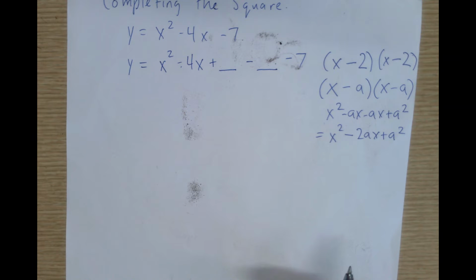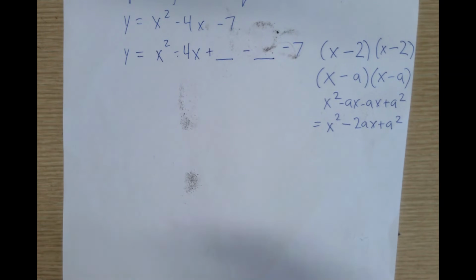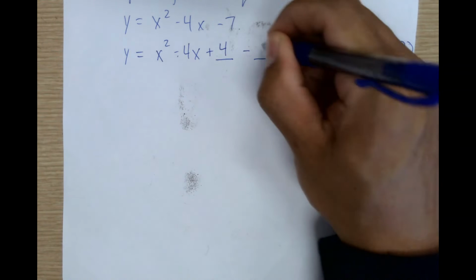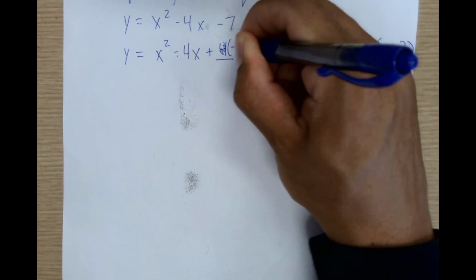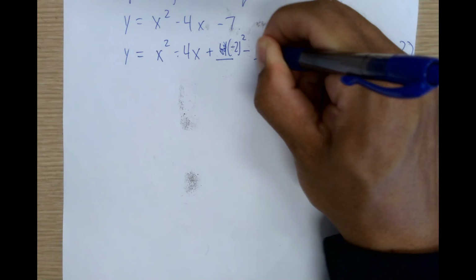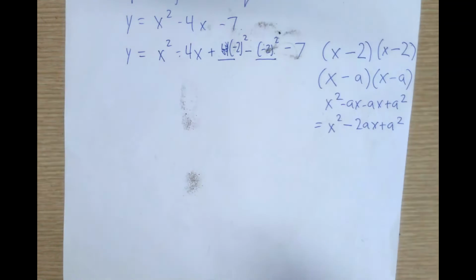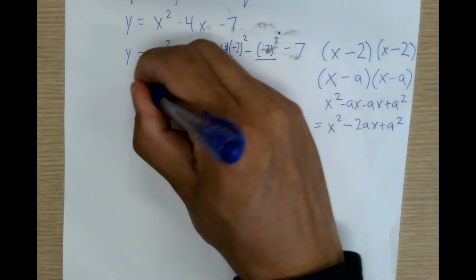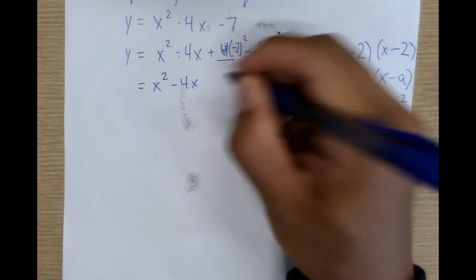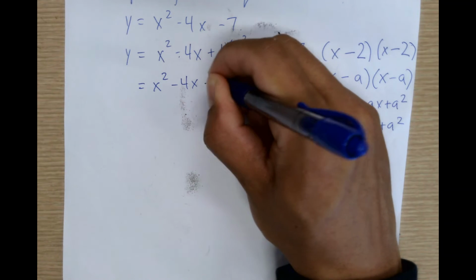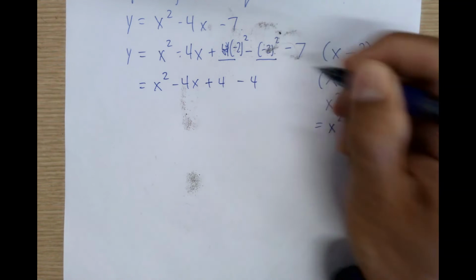So half of this is negative 2. And then if I square it, the number I'm going to add is negative 2 squared. So the number I'm going to subtract is negative 2 squared. So this is going to be x squared minus 4x plus 4 minus 4 minus 7.